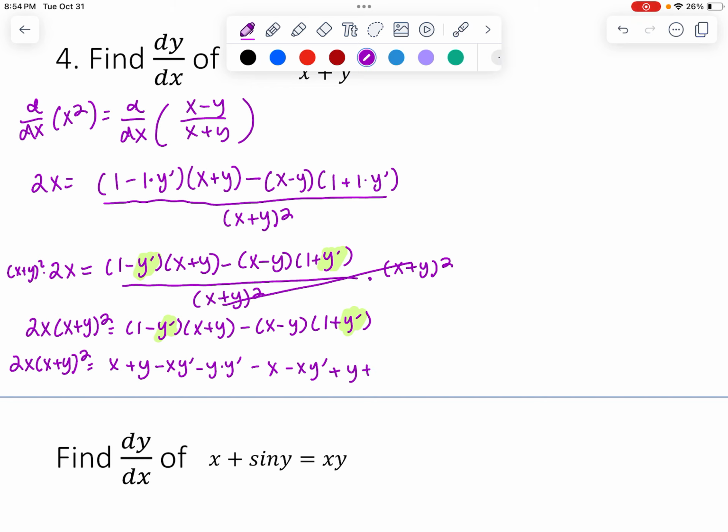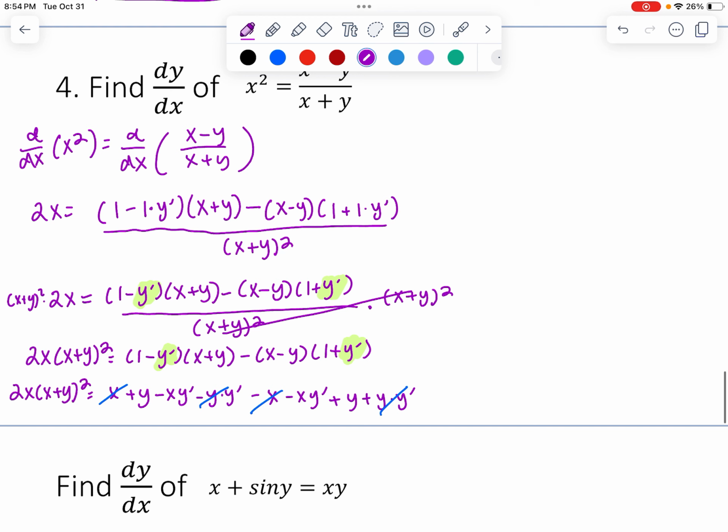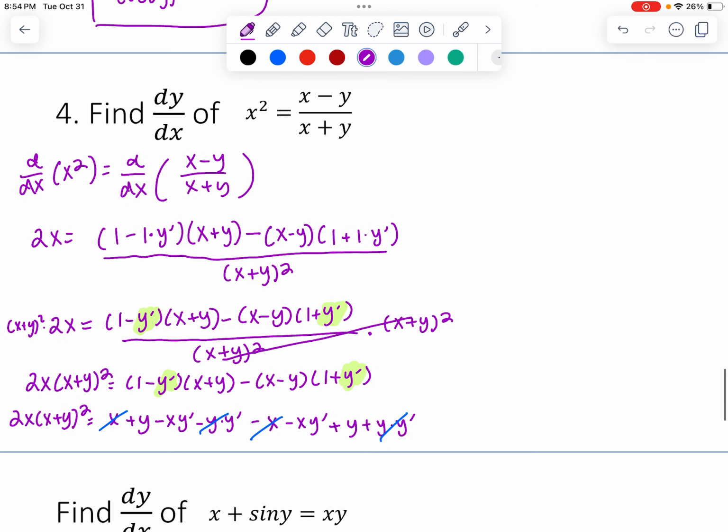And that's good because a couple of these things are going to cancel out, if you notice, because these are opposite, so these x's are gone. These are opposite, so these are gone. And then I think we just have a couple things left now. So I'm going to go back up to the top to my simplification because I need some more space.